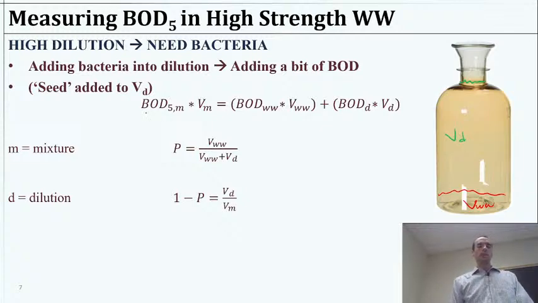And we will say that our total BOD5 of the mixture times the volume of the mixture will be equal to the BOD in the wastewater times the volume of wastewater plus the BOD in the dilution water times the volume of dilution, right? So all of that to say, we have a mass balance on BOD now with 2 sources of it in our water.